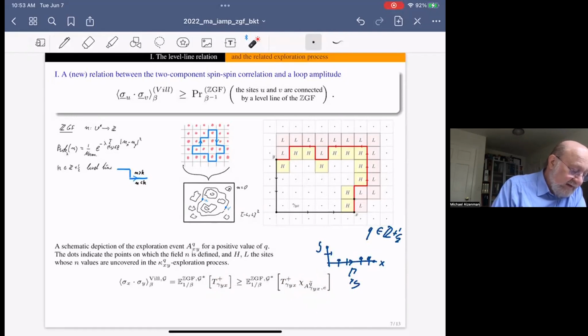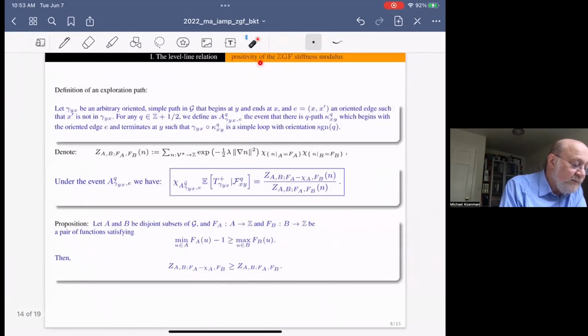And then the T result, which physically corresponds to positivity of the stiffness modulus of this random height function, the stiffness modulus is positive. So let me try to explain that.